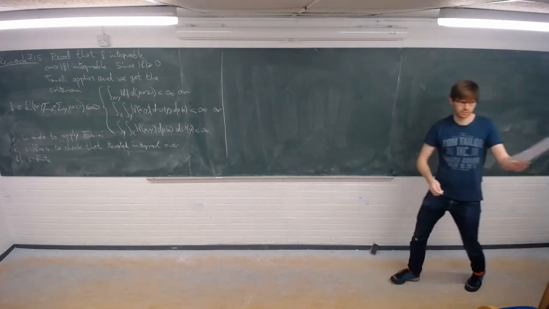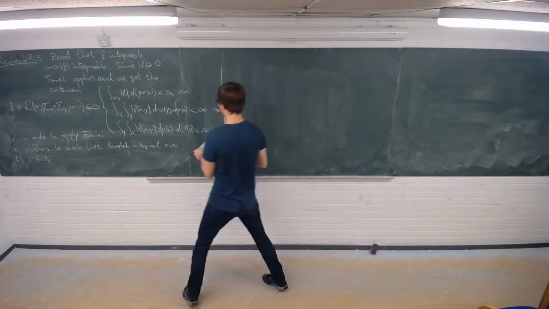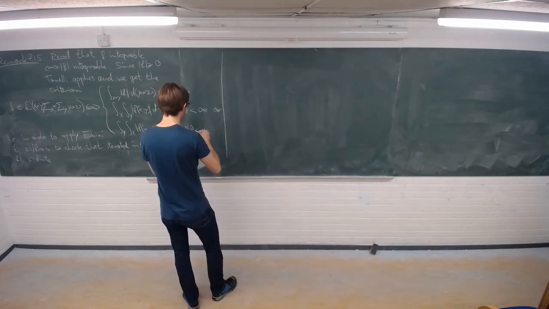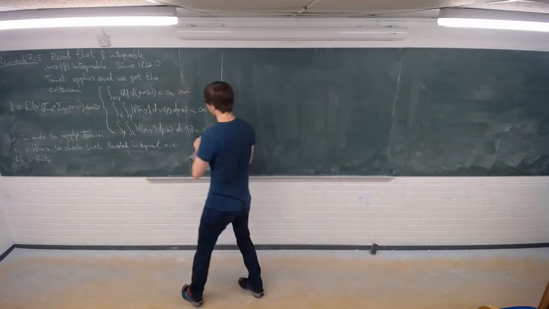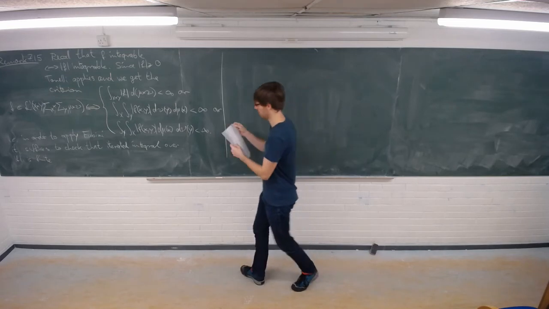Now we'll come back to this example from the beginning of the section and check why Fubini fails in this example.